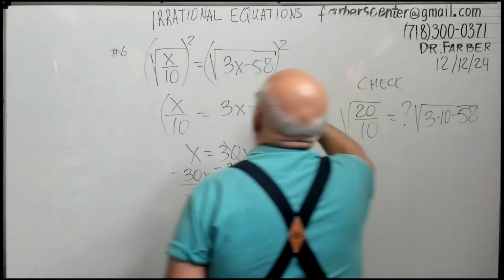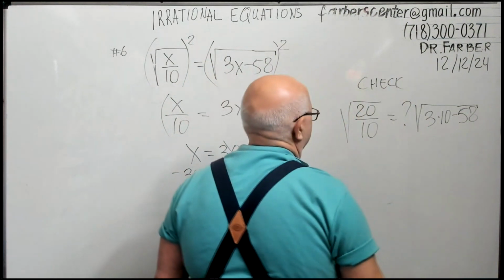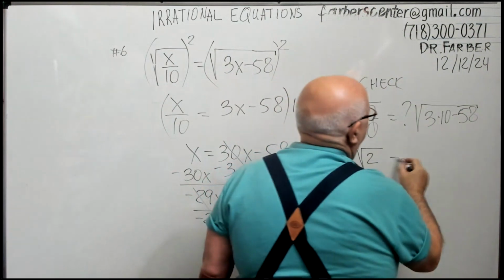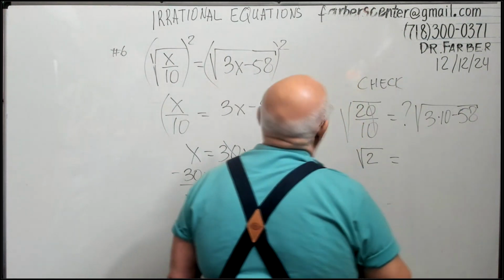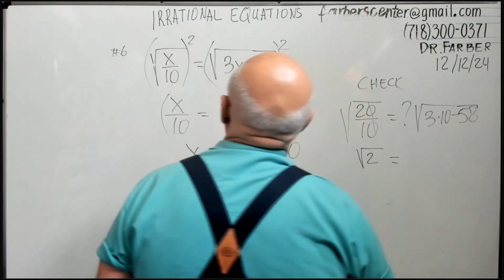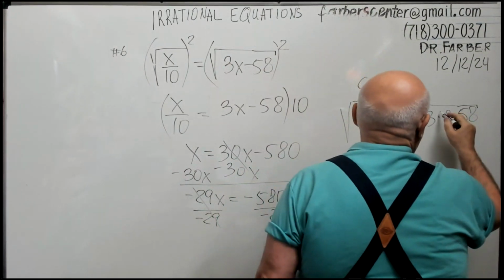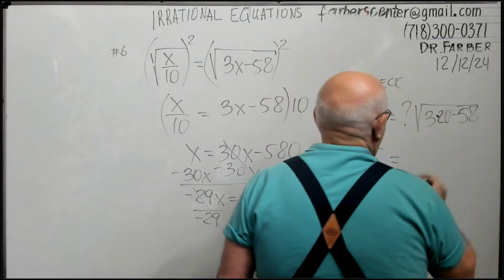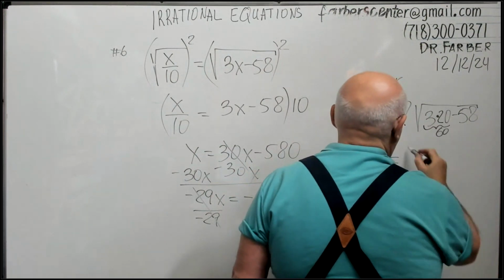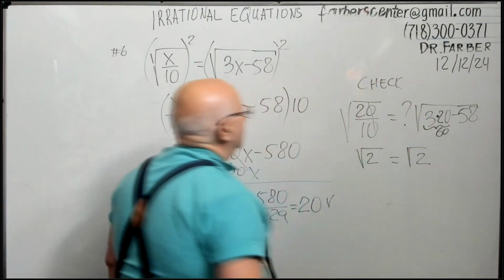Keep in mind, when I plug in, I check the original equation. 20 over 10 is 2, and 3 times 20 is 60, minus 58 is 2. Left equals right part. This is your solution.